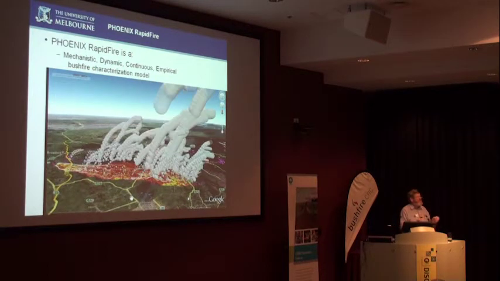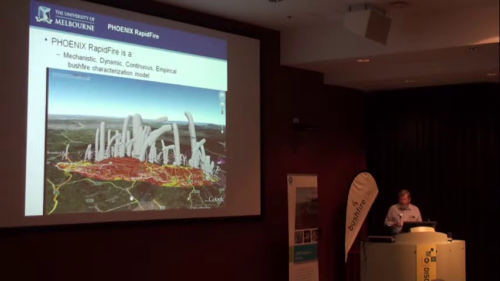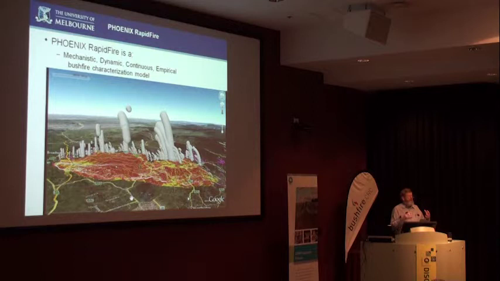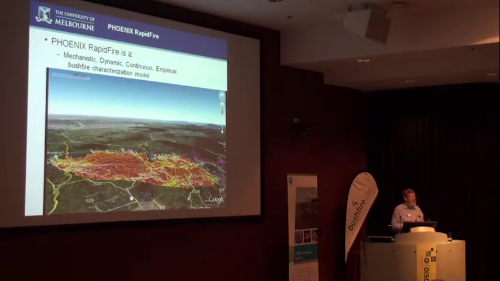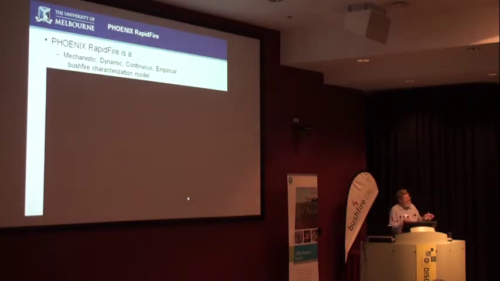Those cells are for input and output data. So it's not a cellular automata model. And it's empirical because what we've really done is put a whole lot of our understandings of how we think fire behaviour works, a lot of concepts, together, and then we've developed some ways of trying to quantify that.